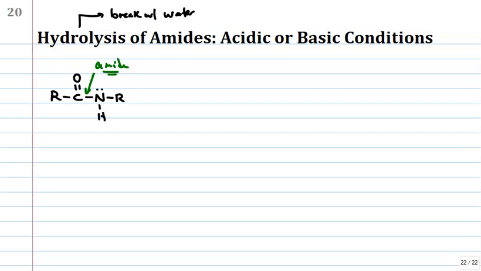So we have a couple of options here. Typically, to make this happen, we need acid catalyst or base catalyst to make this work. Okay? So what I'm going to do is move the word amide here. I'm sorry, I'm going to put it here.